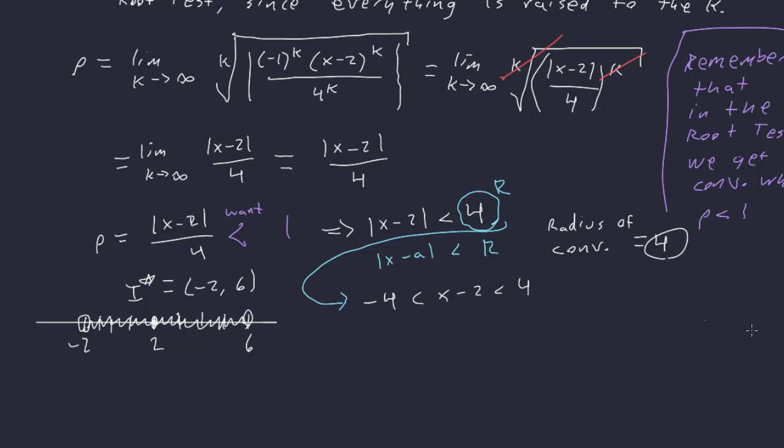Then we would add 2 to all the pieces to get -2 is less than x, which is less than 6. Right? Which ends up giving us the same thing we got here, -2 to 6.